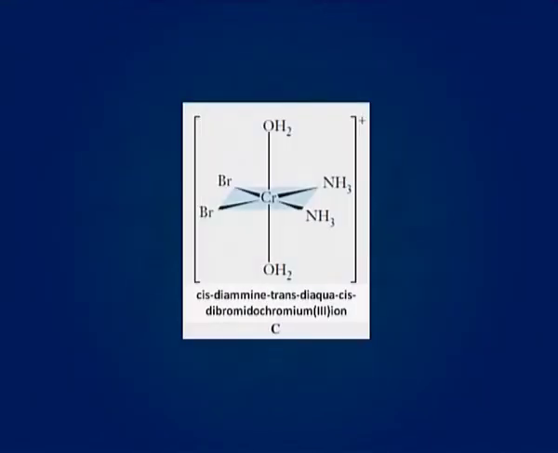In third form C, the members of one of the pairs may be trans to each other, but the members of the other two pairs are cis. Hence, this will be named as cis-diammine, trans-diaqua, cis-dibromido chromium(III) ion.